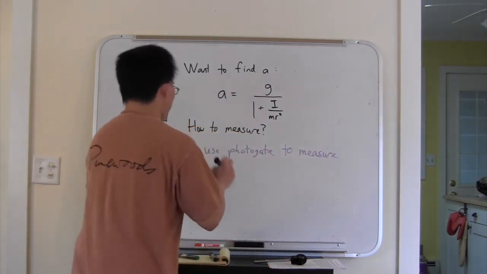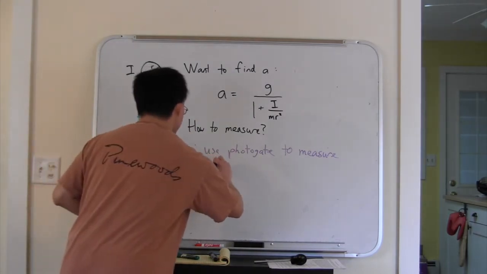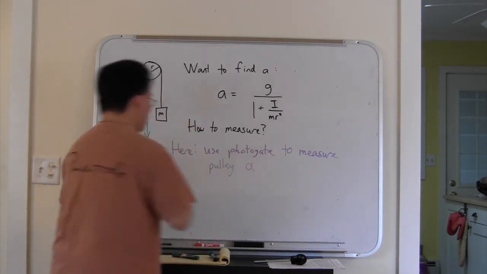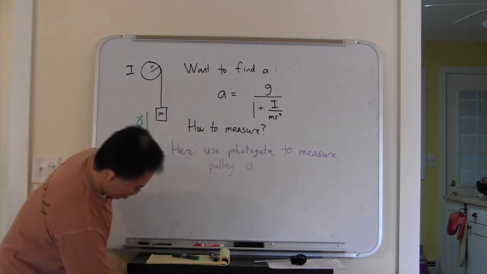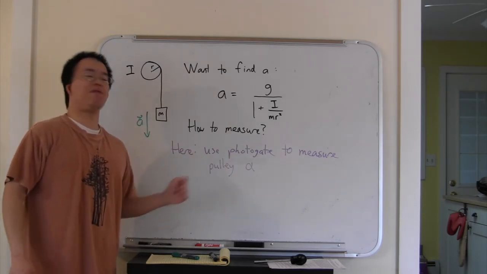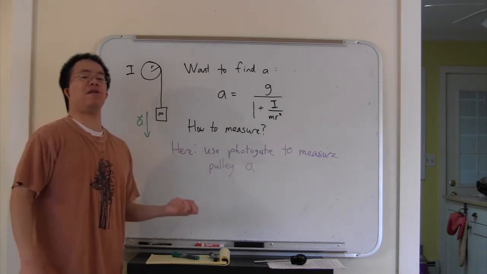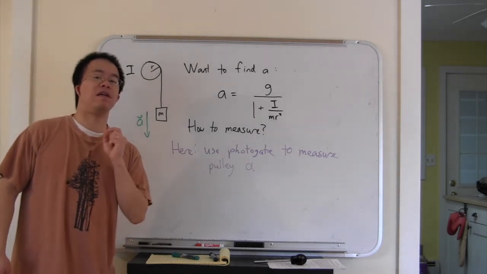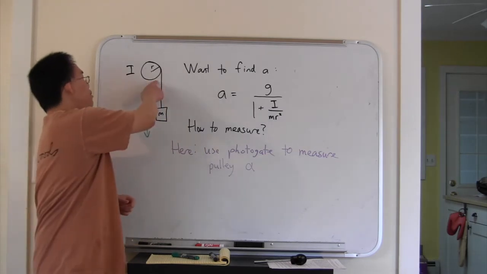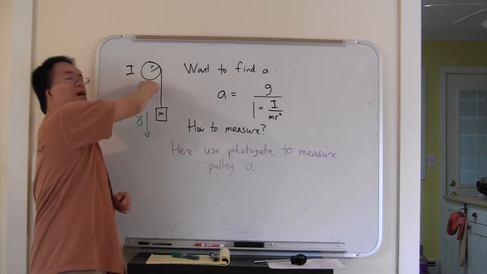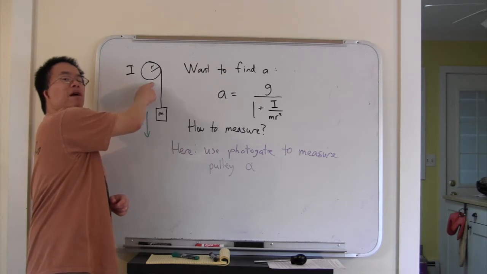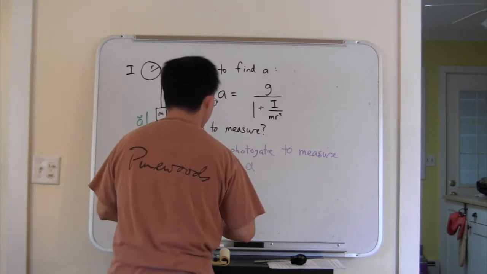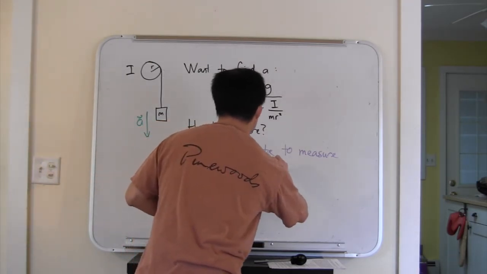So we'll use our photogate to measure the angular acceleration of our pulley. As we talked about last time, there's a no slip constraint associated with assuming that the string unwinds from this pulley without slipping. So this is angular acceleration.